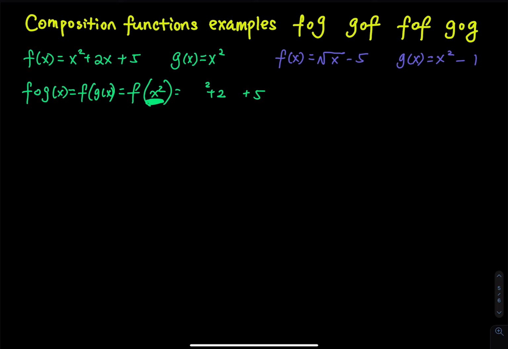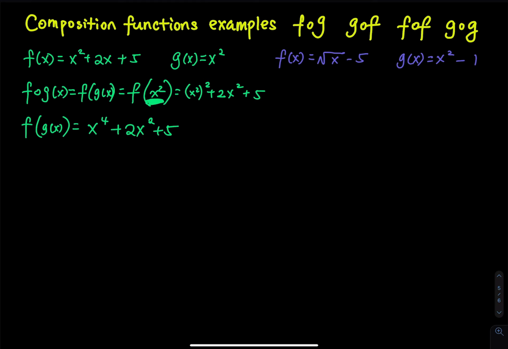So you have x squared squared, and then 2x squared. Then we put everything together. So f of g of x is x to the 4th, since 2 times 2 is 4, plus 2x squared plus 5. Okay, so this is f of g, and then what's the domain?